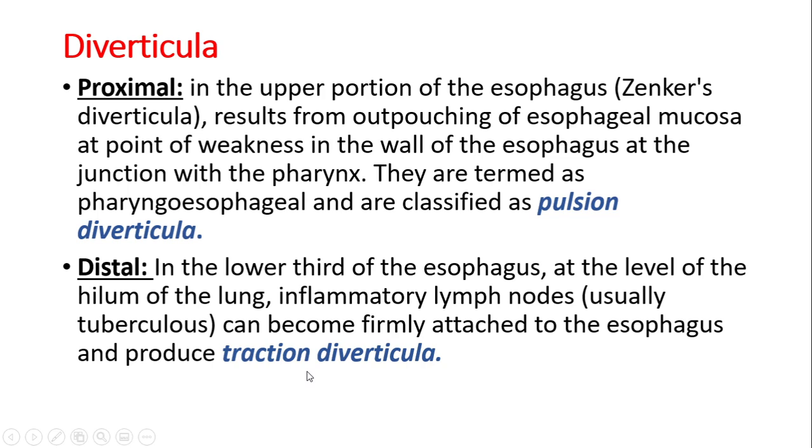So there is a force that firmly pulls the esophageal mucosa from outside. So it is called the traction diverticula in the lower third or distal part of the esophagus.